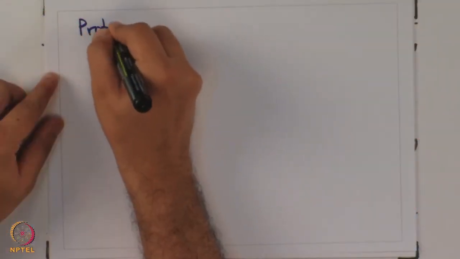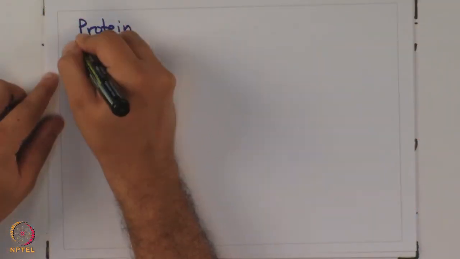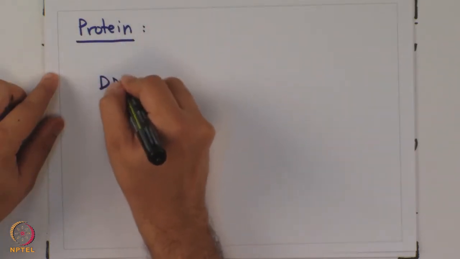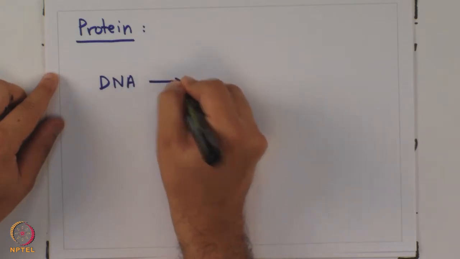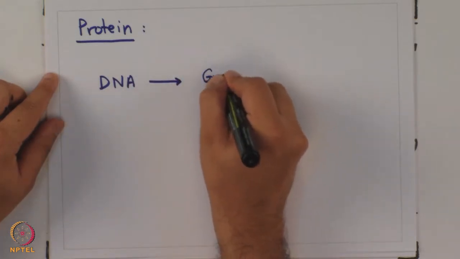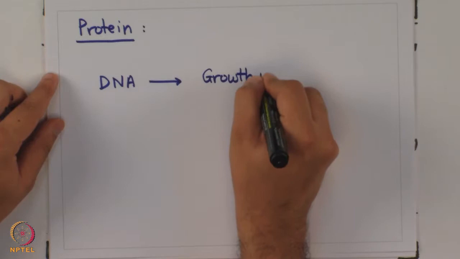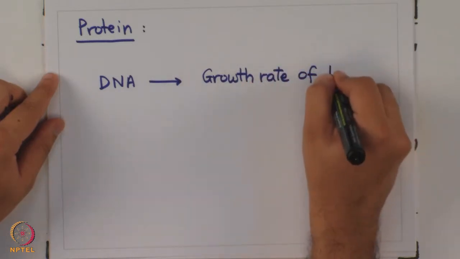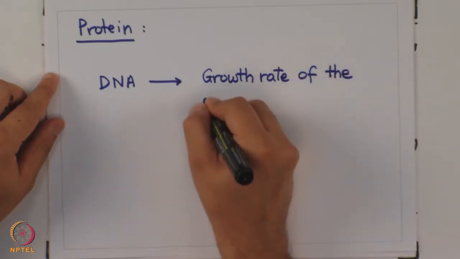So what happens? How do these DNA results that we have talked about so far carry forward to protein landscapes? First of all, a question you should ask is that when we were talking of DNA, the fitness landscape corresponded to growth rate of the organism.